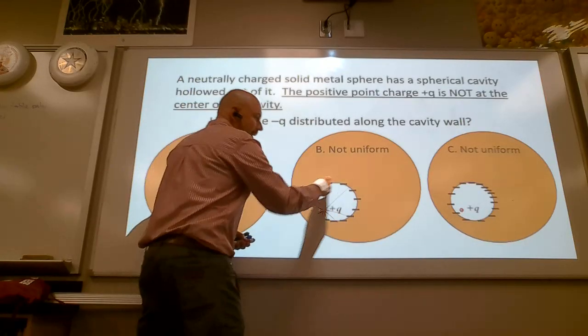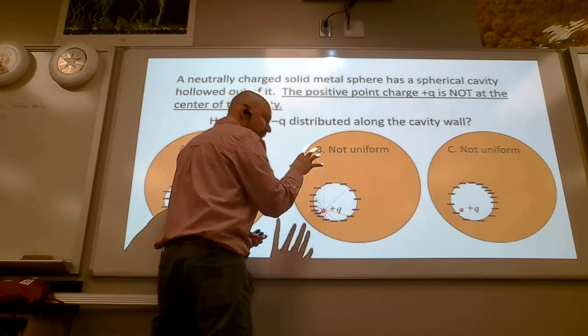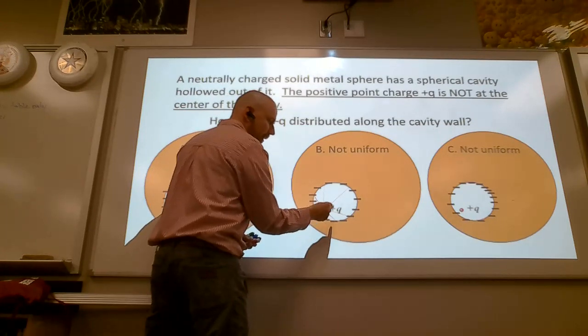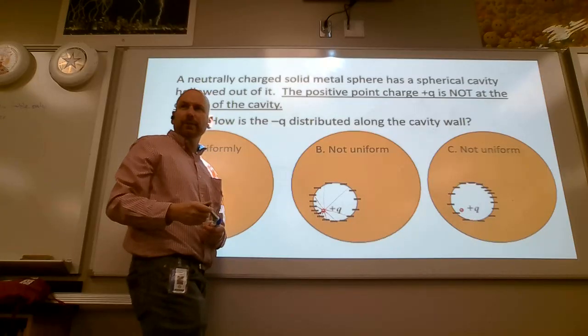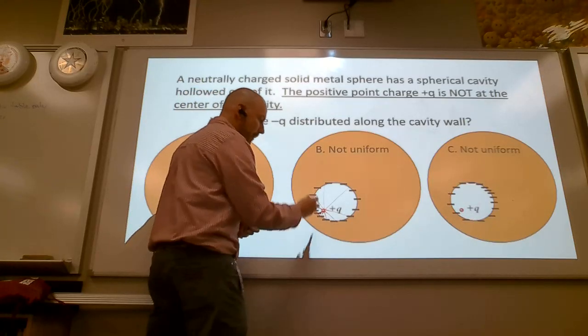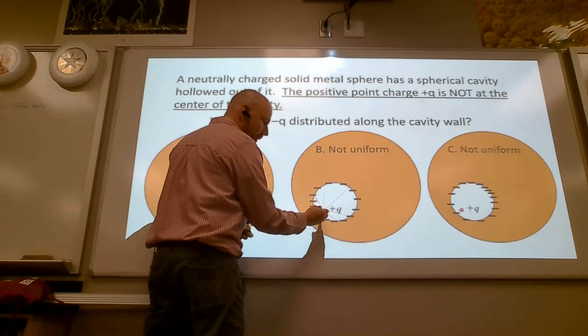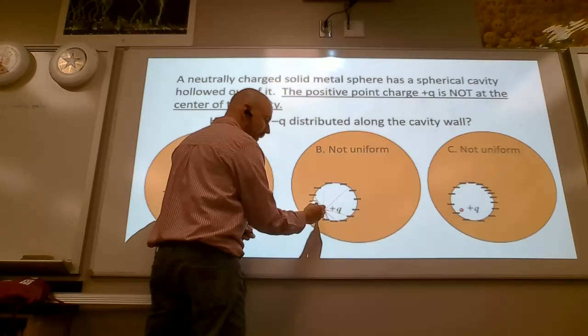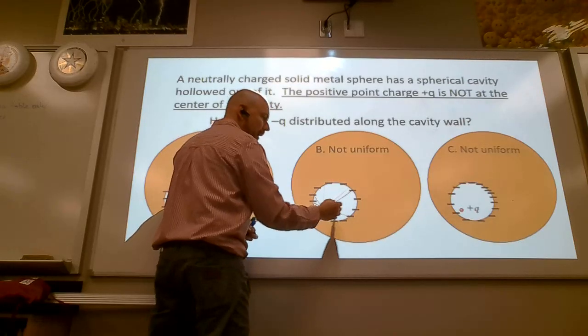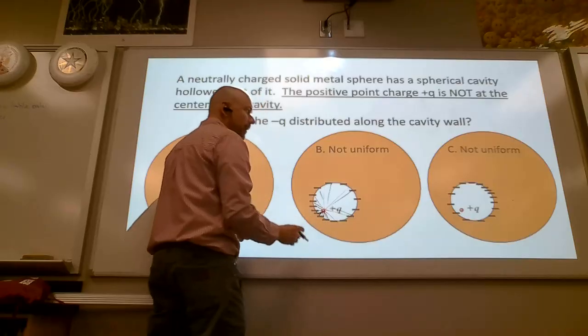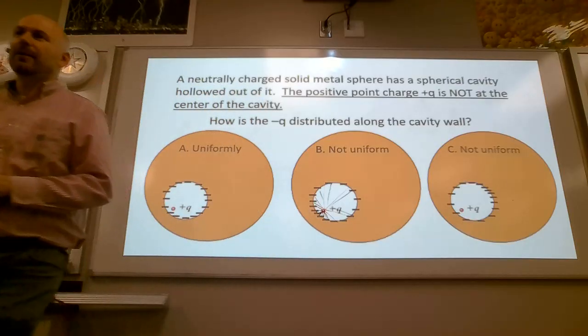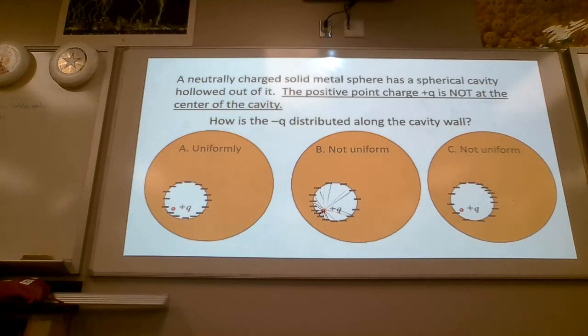These electrons are solely responsible for annihilating that red electric field. So they must be more concentrated here to cancel out that stronger electric field and more spread out there. B. Does that make sense?